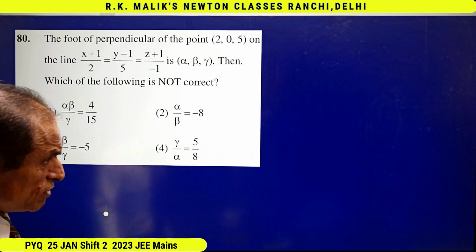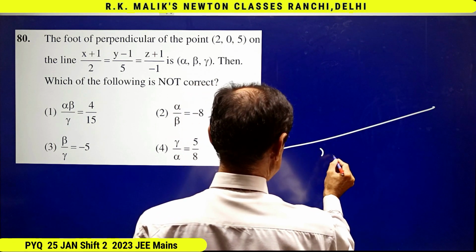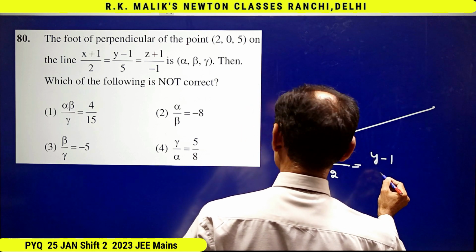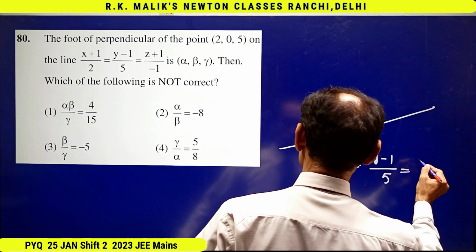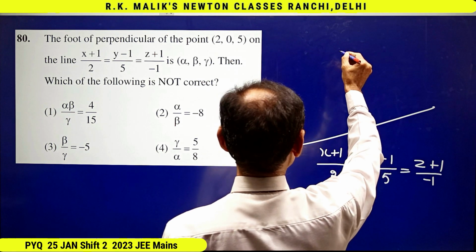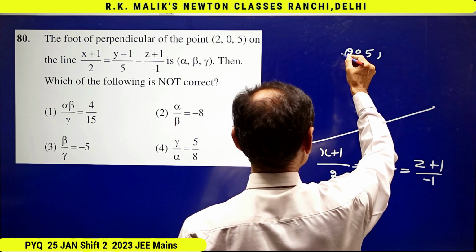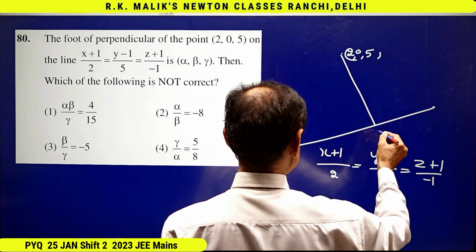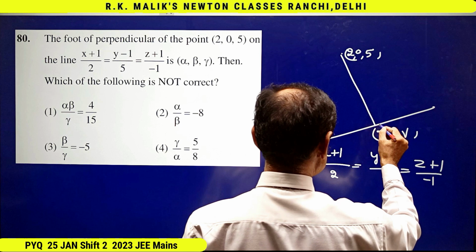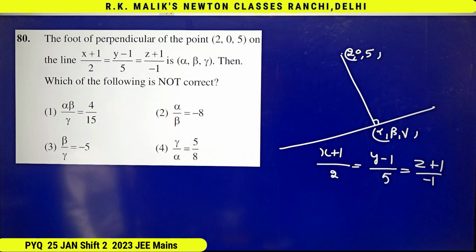According to the question, this is the line whose equation is (x + 1)/2 = (y - 1)/5 = (z + 1)/(-1), and this is the point (2, 0, 5). We have drawn a perpendicular from (2, 0, 5) on this line, and this foot point is (alpha, beta, gamma), given to you, and we have to find the relation which is not correct.